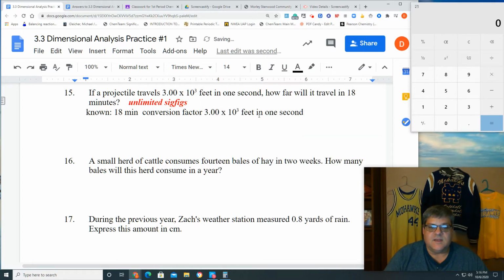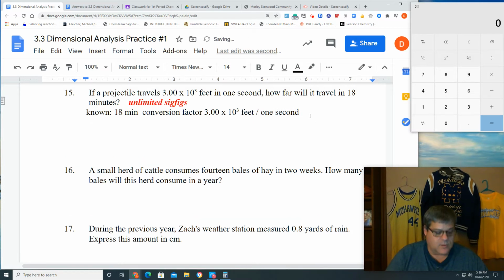Again, this is in 1 second, and we're just going to put a line there, and it's going to be per 1 second. So what is unknown? Well, unknown is how far will it go? So we're looking for how far it's going to travel.